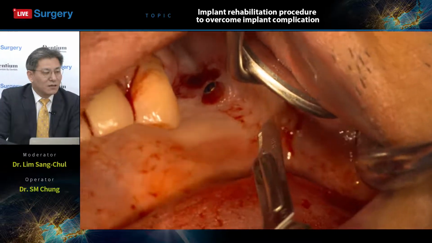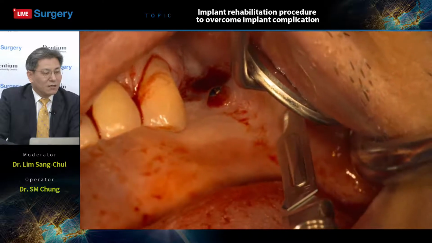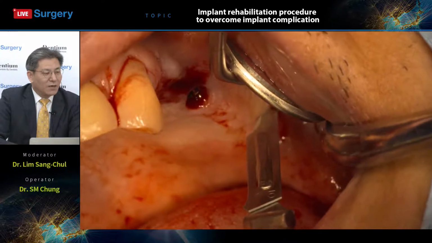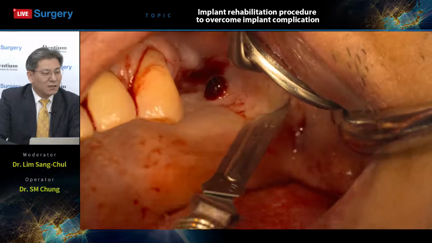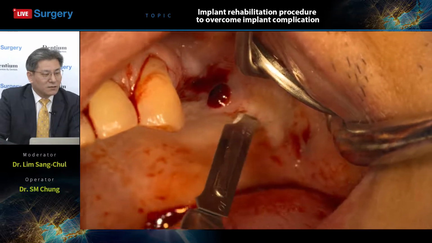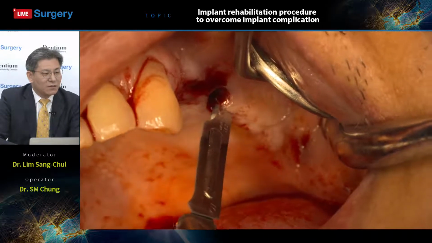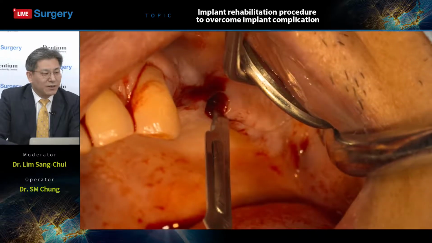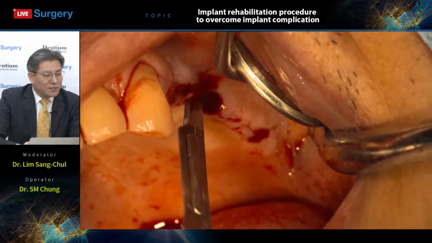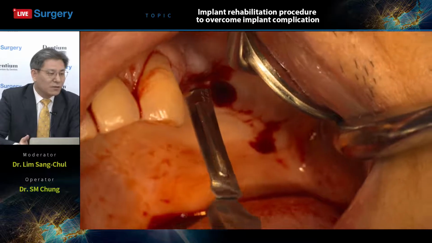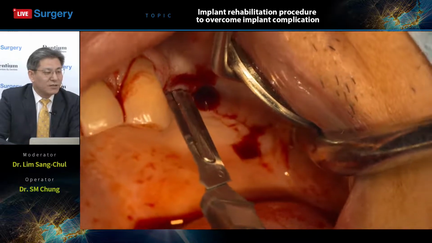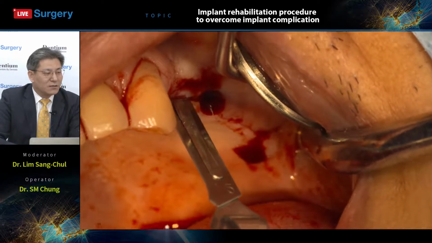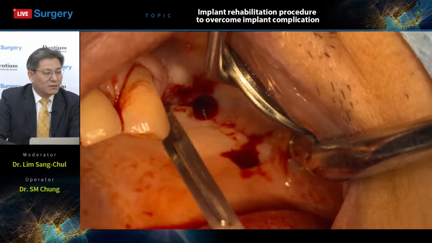Dr. Zhang is explaining his incision design. The vertical incision on the number 27 area, and then a semilunar incision turning to the crestal area, positioned to the distal side of the canine. Okay.